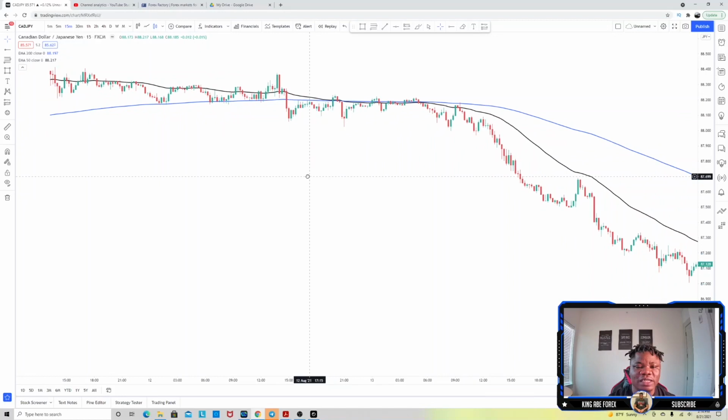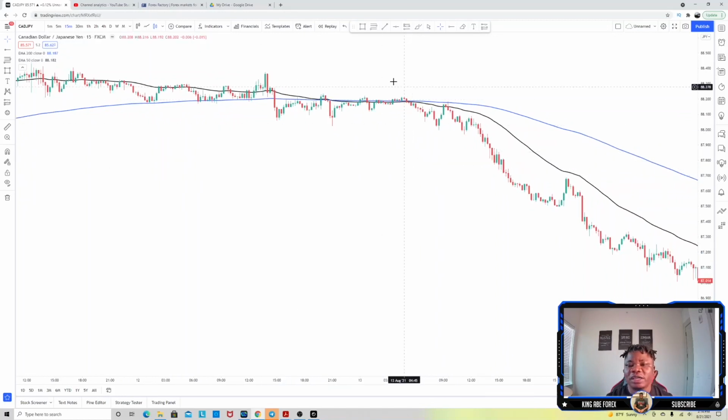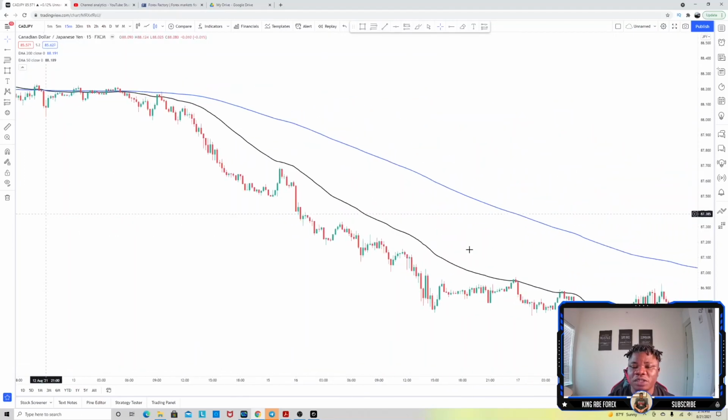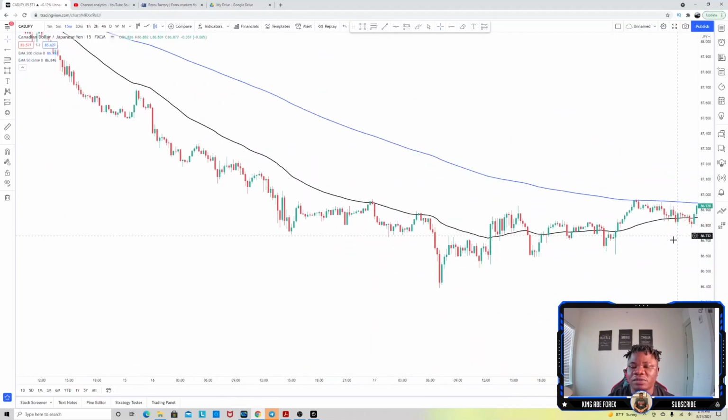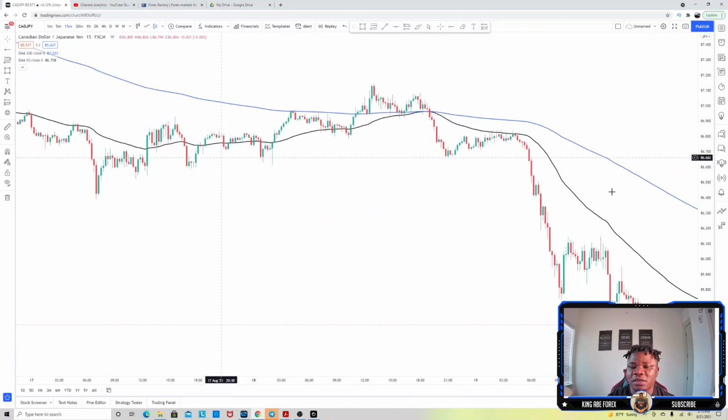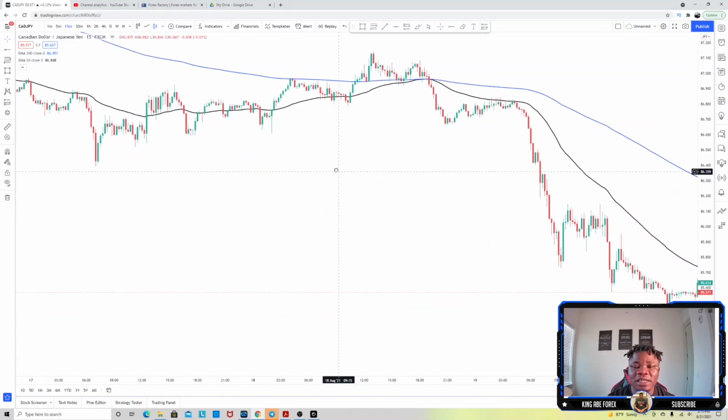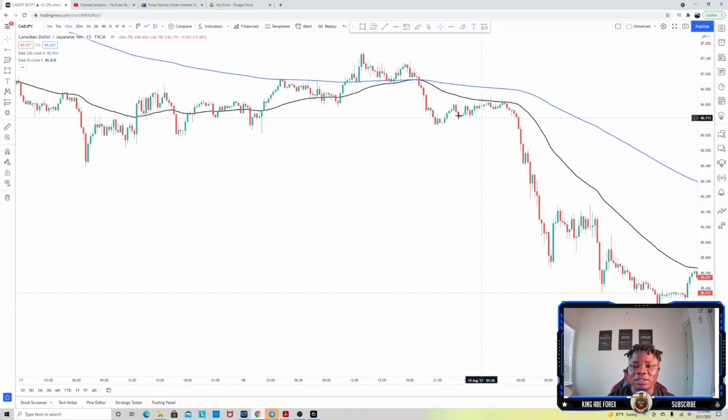As you guys can see right over here, the trend actually started from right over here. Over here we have a trend continuation, and over there the trend actually started from right over there. Now, if you take a look at this, we have price below the 200 EMA.